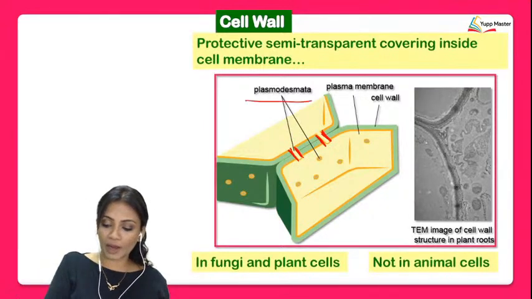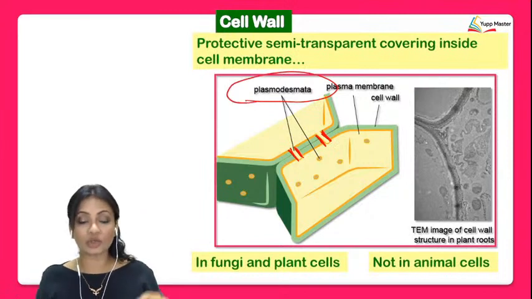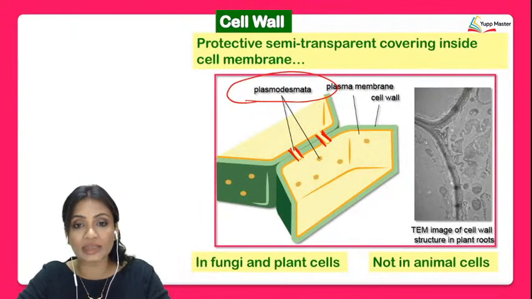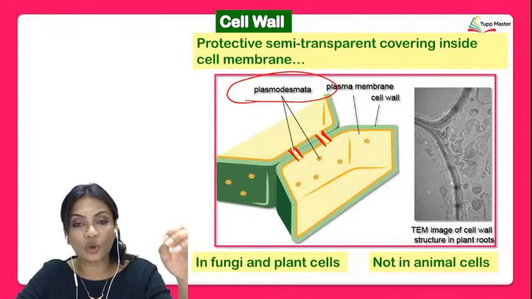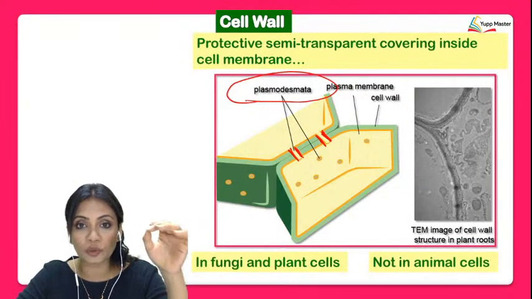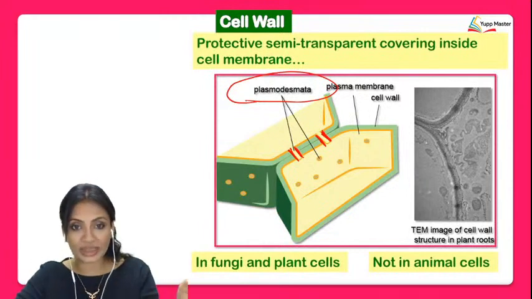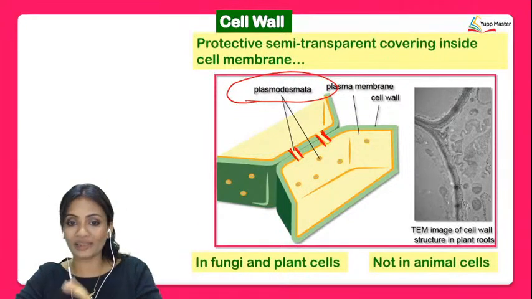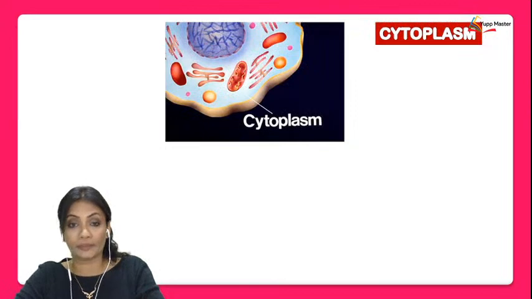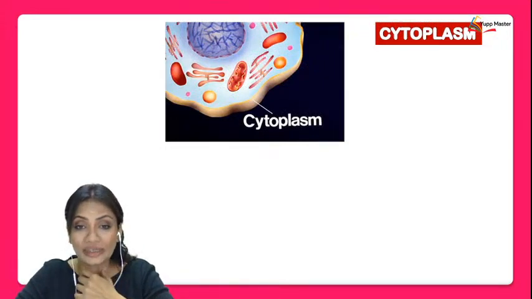So, that part there, the bridge over there, is going to be called plasmodesmata. What is it called? It's called plasmodesmata, which is going to be allowing transport of substances from one cell to another cell, okay. That is plasmodesmata.